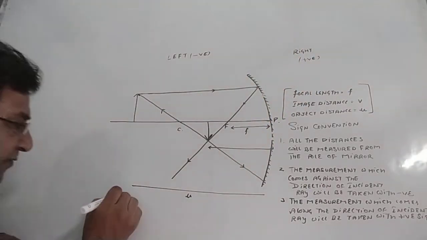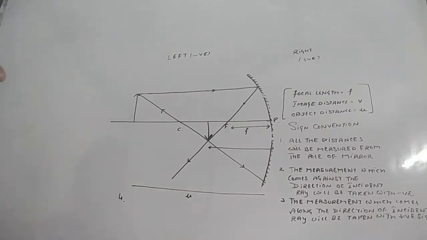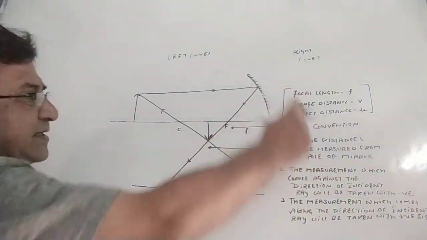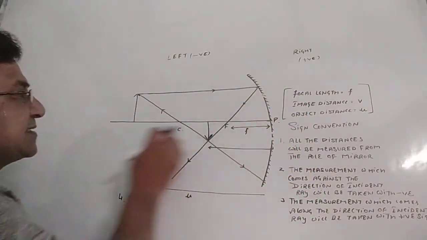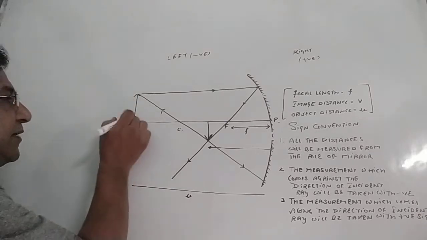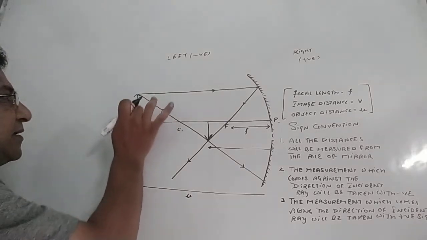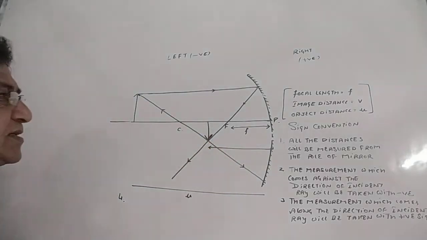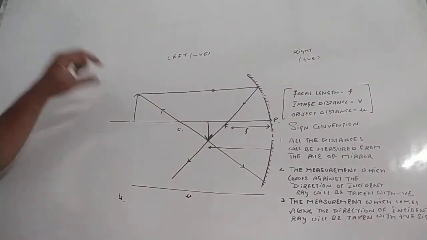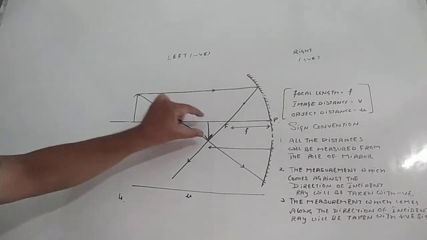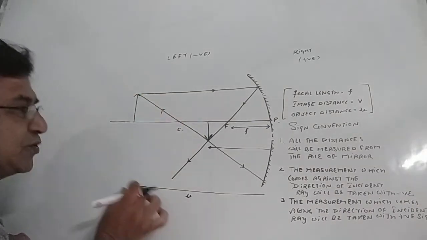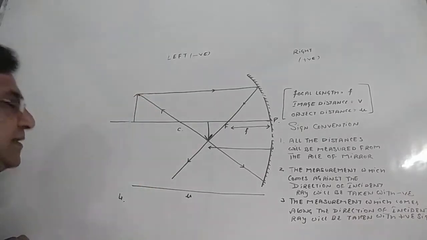Correct? And the fourth point of sign convention is, see, after these three, remember the principal axis. If the object is coming just above the principal axis or the image is coming just below the principal axis, these are basically the heights of the object and image. So in this fourth sign convention we are talking about heights.